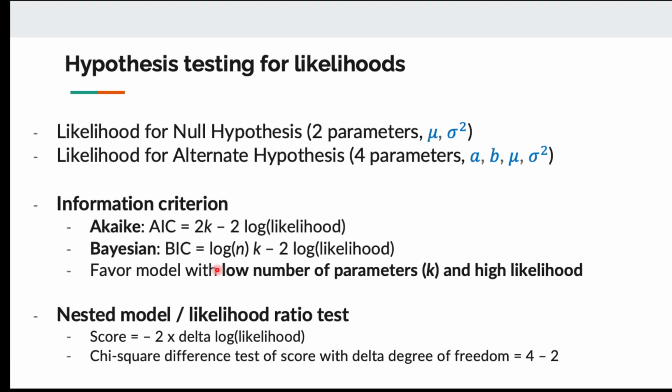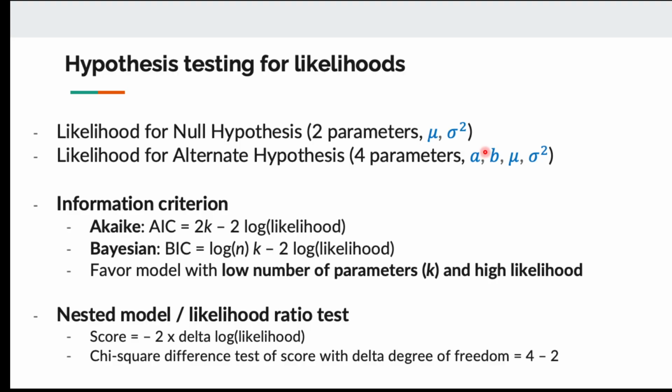So now we have the estimate from the two hypotheses. Now we can compare them. Which one fits the data better? We have the likelihood under the null hypothesis, where we estimate these two parameters, and the likelihood for the alternative hypothesis, where we estimate 4 parameters. We have 2 more parameters here for the x and the y coordinate.